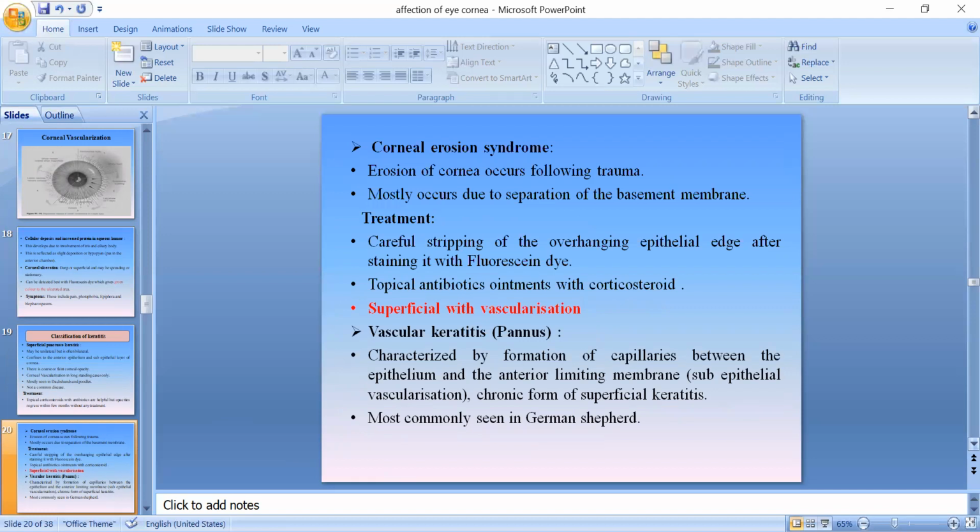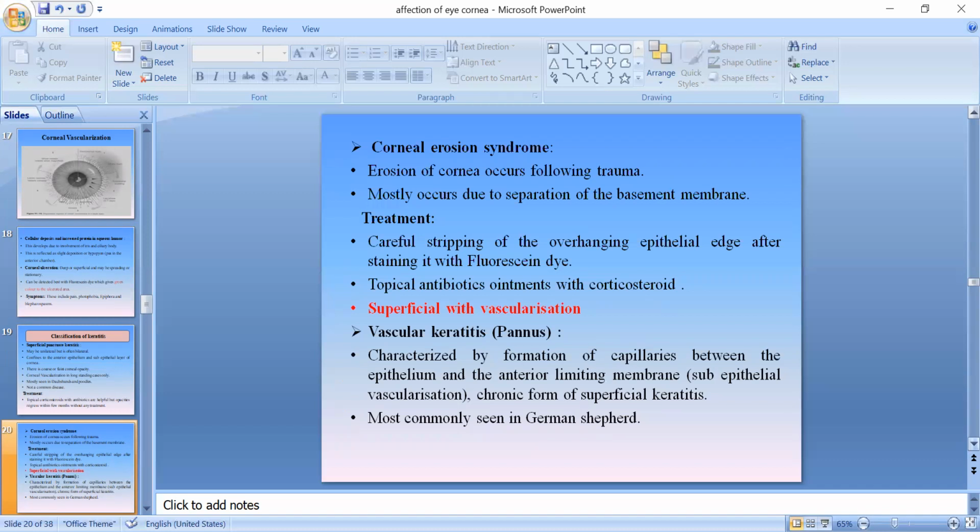So corneal erosion means separation of basement membranes. How can we treat it? Careful stripping of the overhanging epithelial edge after staining with fluorescent dye, then topical antibiotic ointment with corticosteroid.